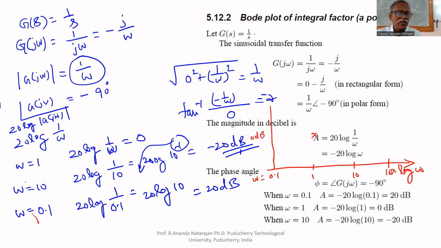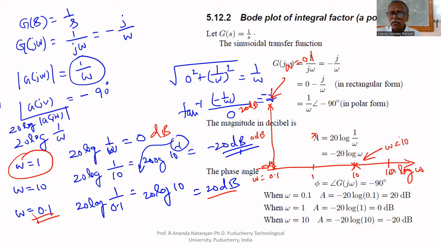When omega equals 10, minus 20 dB. When omega equals 0.1, it is 20 dB. This point is omega equal to 0.1, this point is omega equal to 10, and this point is omega equal to 1.